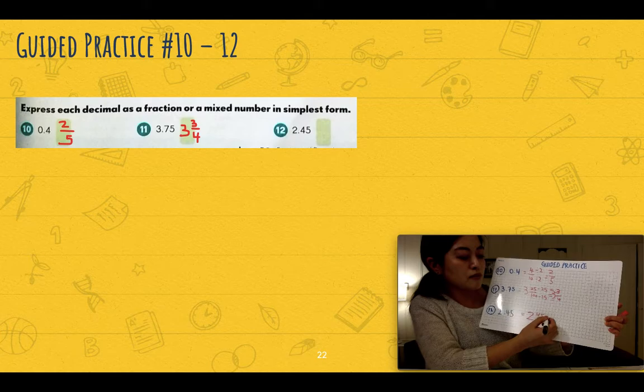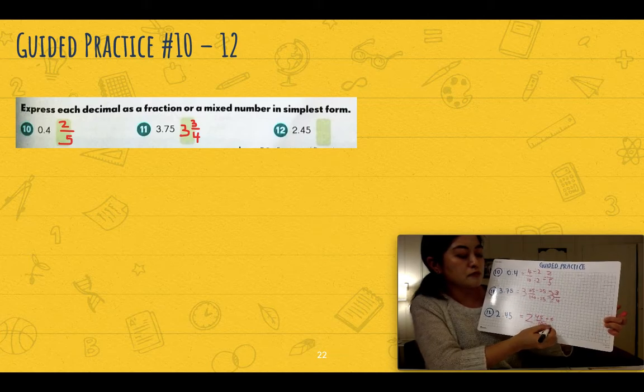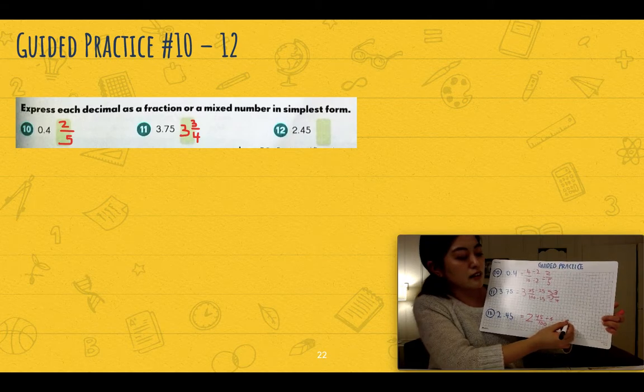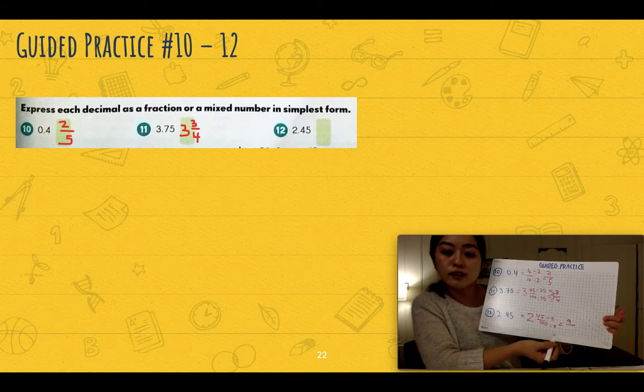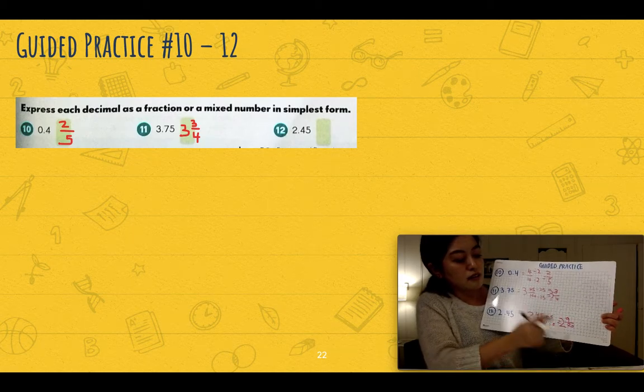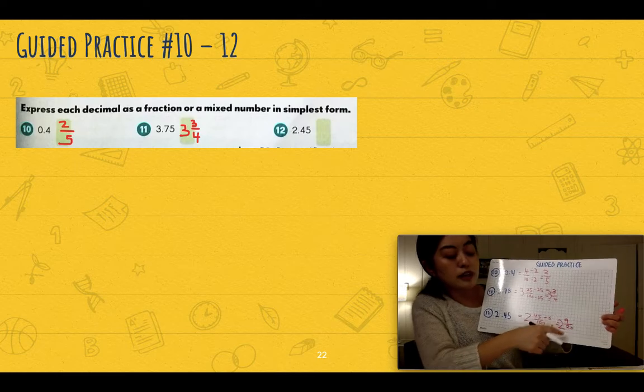So I can divide it by 5. 45 divided by 5 is 9. 100 divided by 5 is 20. And I have to include my whole number here. So 2 and 9/20.